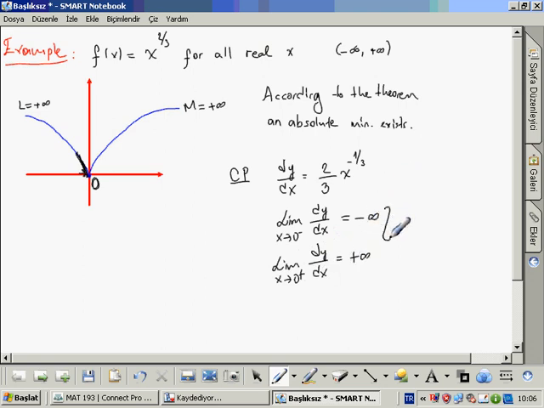So there is a cusp, a singular point at x equals 0, also y equals 0.